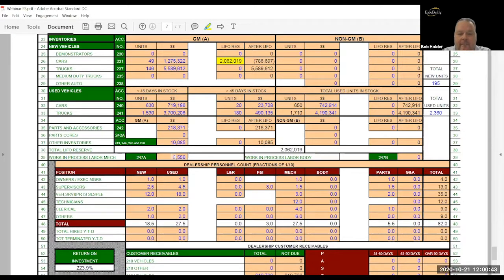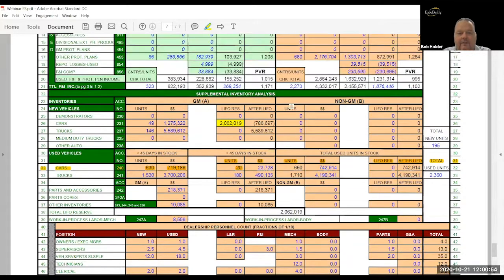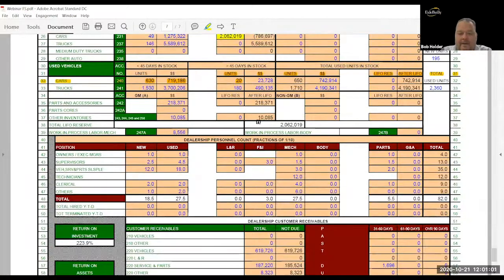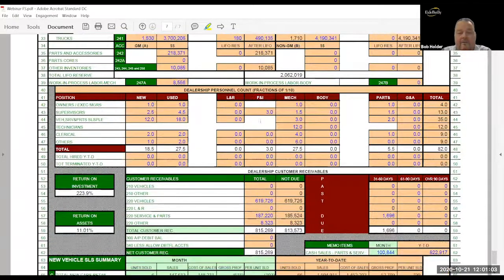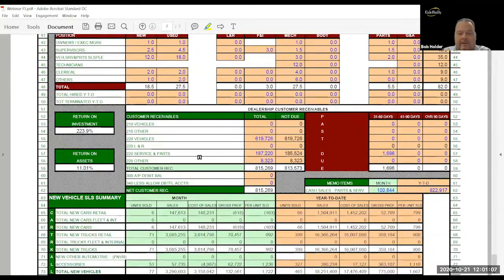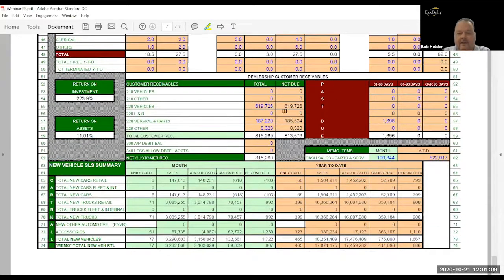You also get an idea of what your aging looks like on your used cars, but these numbers are only as good as they get put in. It does take some work to get these numbers together, but they're really important if you're going to use this as a tool to manage your business. Then it comes down here and you can see your receivable aging.